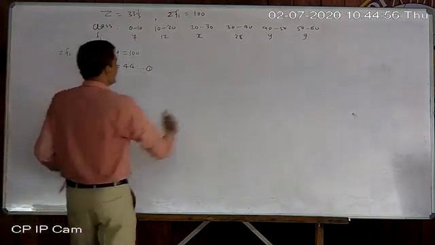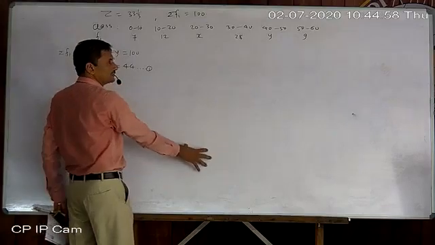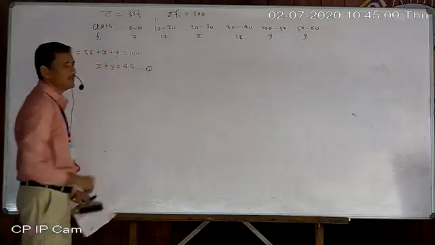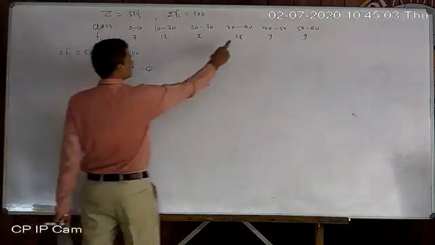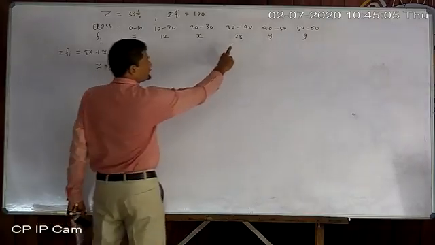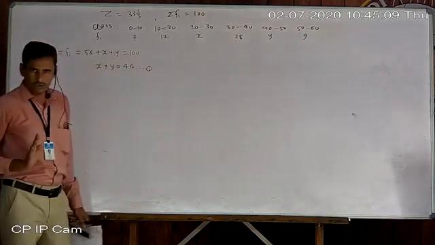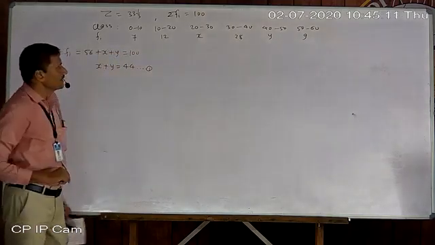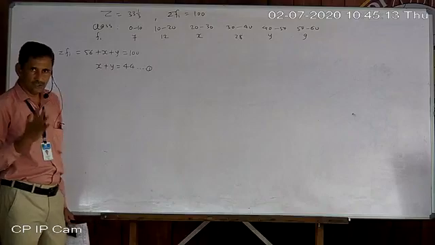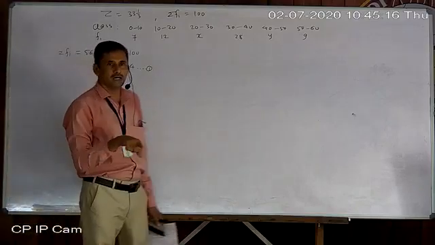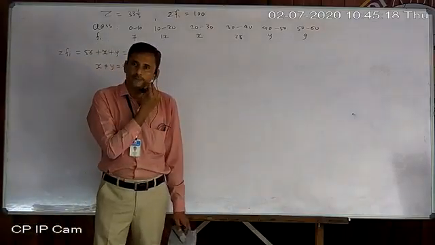Now before going to main calculation part, first of all locate the modal class. Don't say this one is f1 because we cannot know value of x and y now. So we cannot say 28 is the maximum one. Frequency of modal class is called f1.